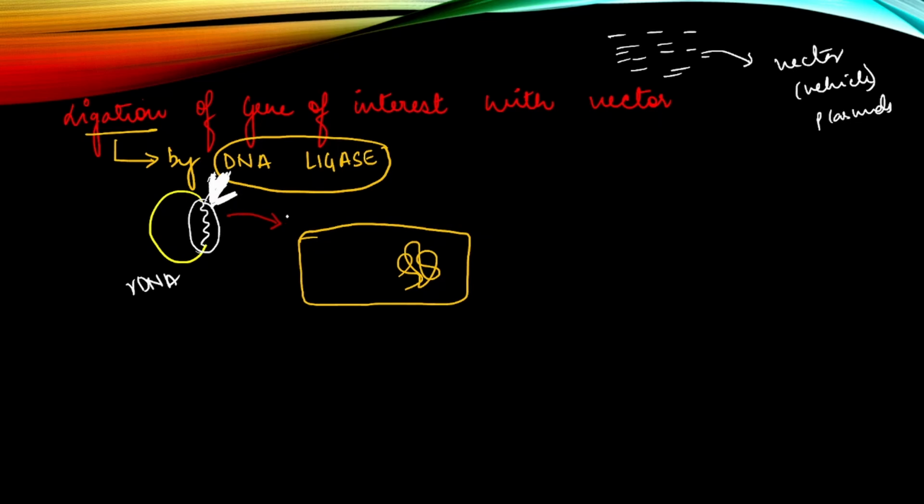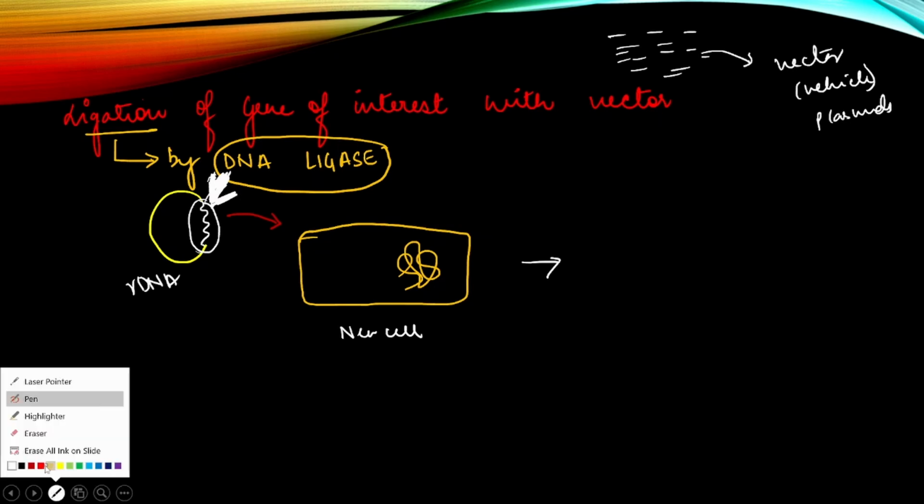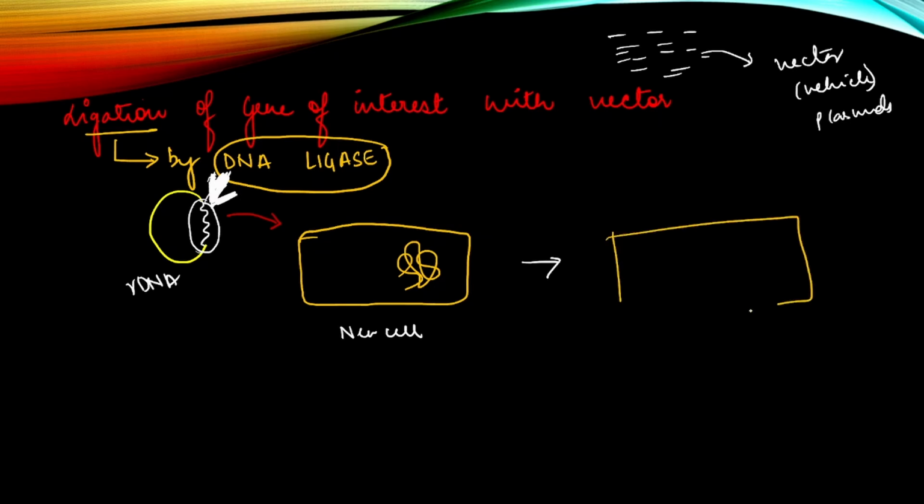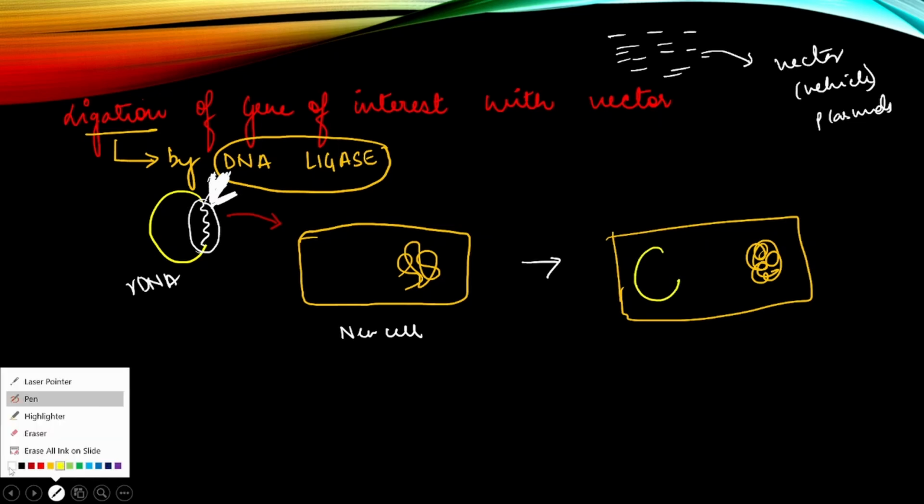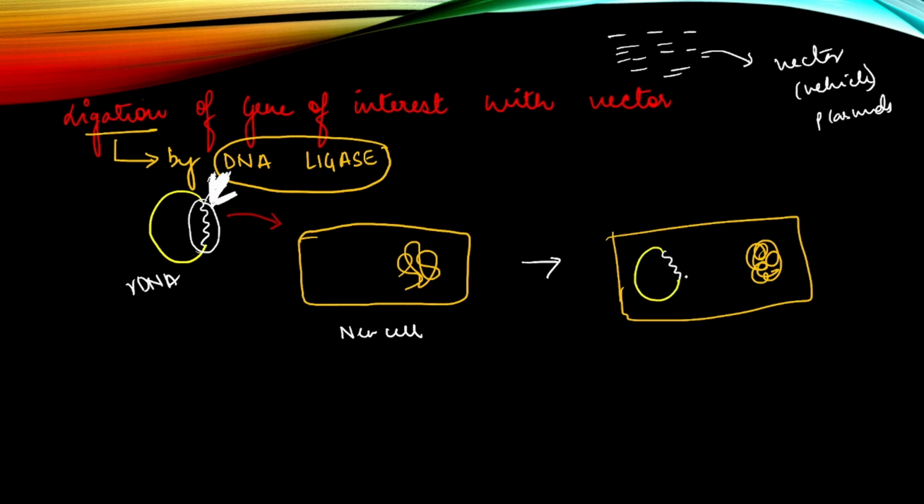And this plasmid will be put in a new bacterial cell. So after some time, what will you see? You will see that this new bacterial cell will have a DNA along with the recombinant plasmid. Right?